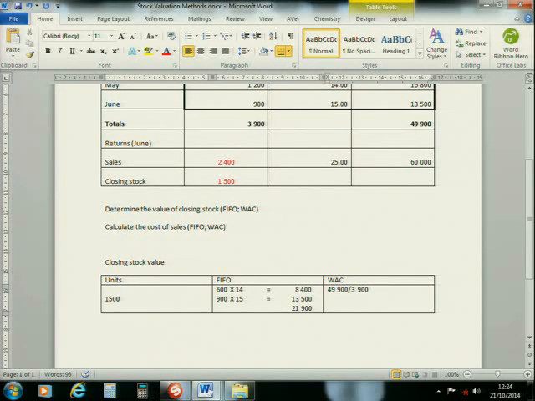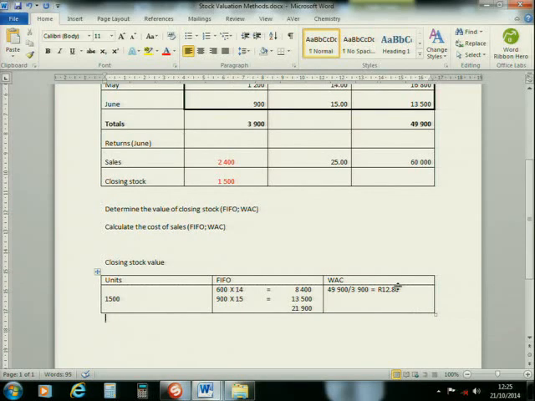I should have told you to round off to the nearest rand, but oftentimes in the question paper they'll give direction in this regard, whether to round off to the nearest rand or to 2 decimal points. Divide by 3,009. That gives us 12 rand 80. 12 rand 80 cents is the unit price, as the weighted average cost price.